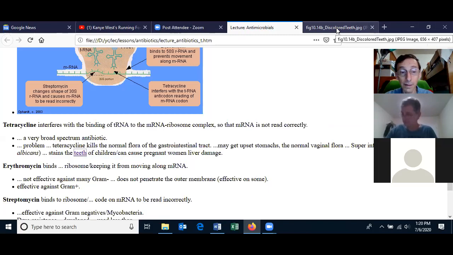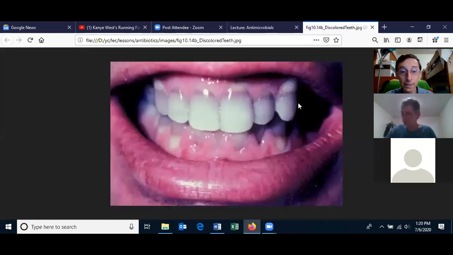Tetracycline, actually, when it's given to children, causes them to get discolored teeth. Like this is actually an adult, you can tell from the teeth, but this adult was given tetracycline as a child, and it causes discoloring of the teeth. See the bands here?